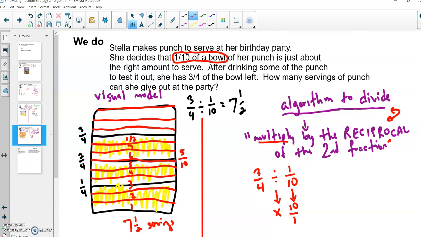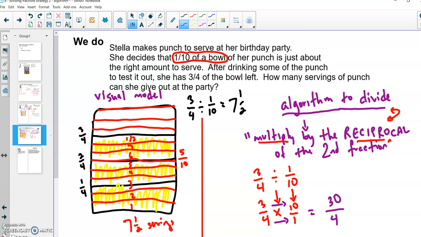First fraction doesn't change. So that one's going to stay as 3/4. And now I do that because look how easy that is to do. 3/4 times 1/10. All you have to do when you multiply two fractions is multiply their numerators, multiply their denominators. So I'm going to get 30 on the numerator over 4.